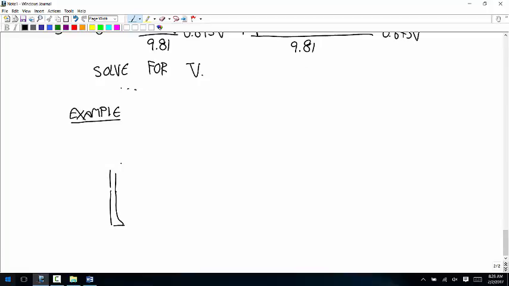Okay, so this one, this basketball player, he just shot this ball.